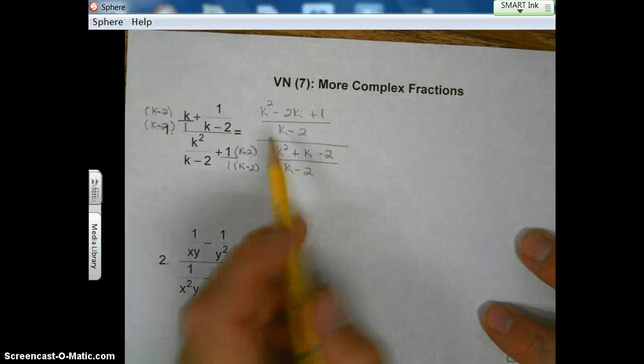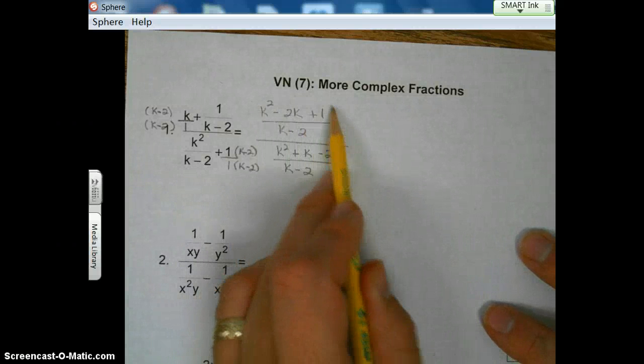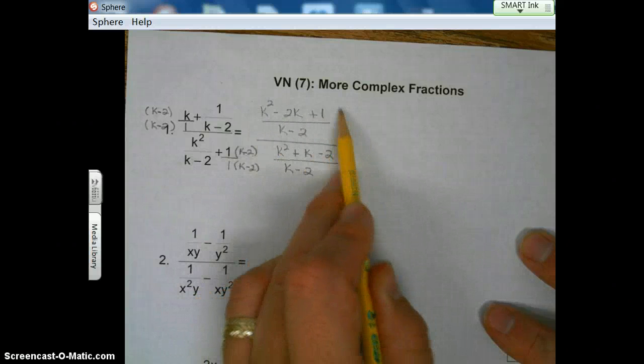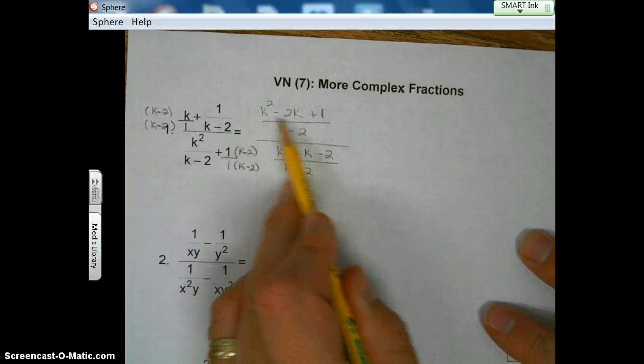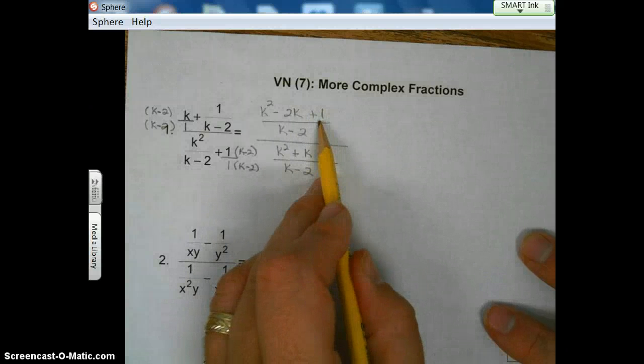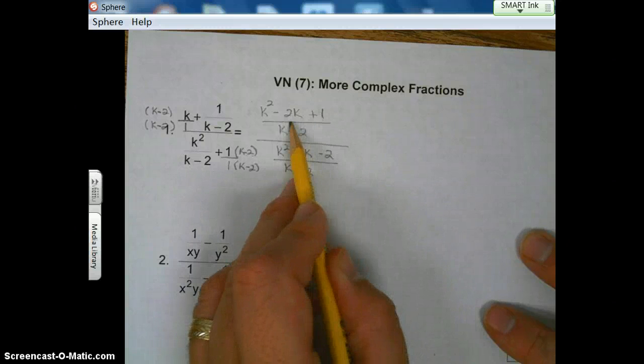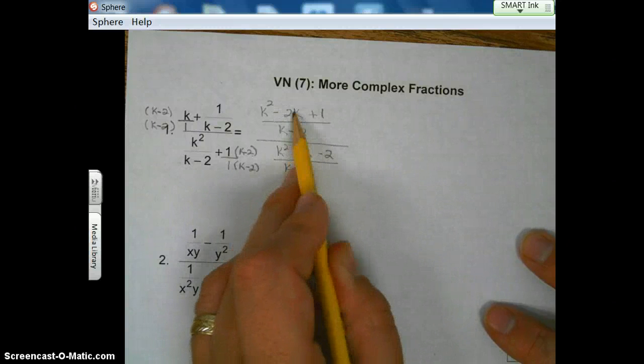Okay, now, as I'm thinking about this and wondering, can I factor this? Yes, you can. Negative 1 times negative 1 is 1. Negative 1 plus negative 1 is negative 2.